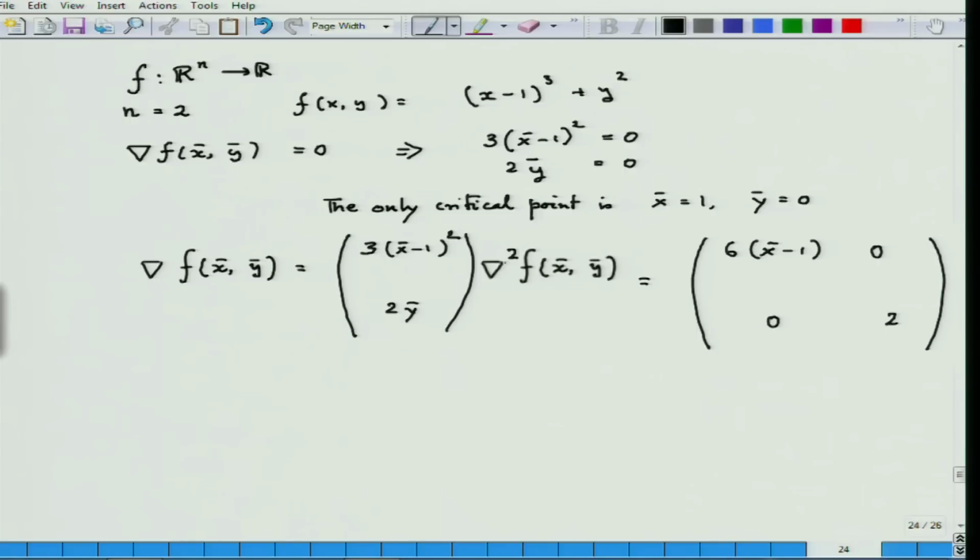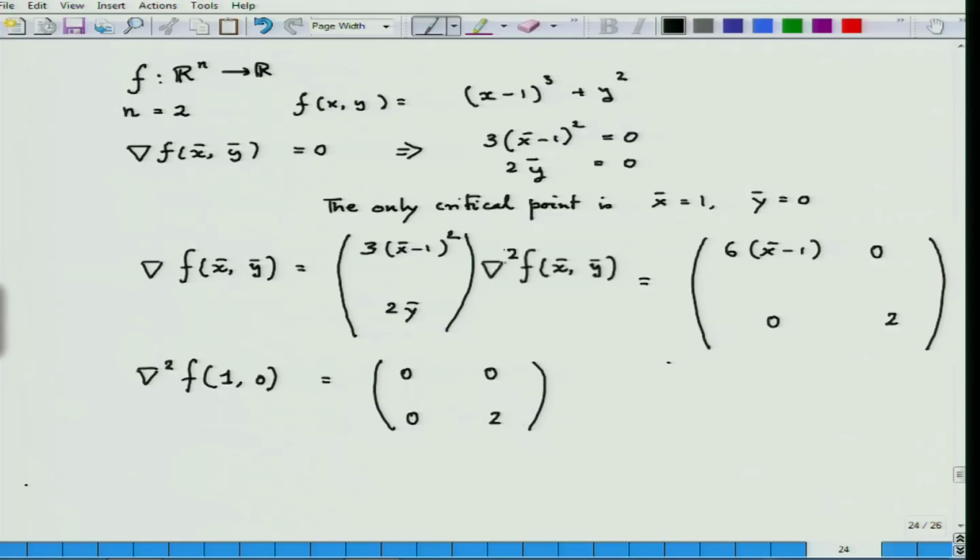Here first I will differentiate with respect to x, which is 0, and then I will have 2. Now, grad square f at 1 0 would give me 0 0 0 2.